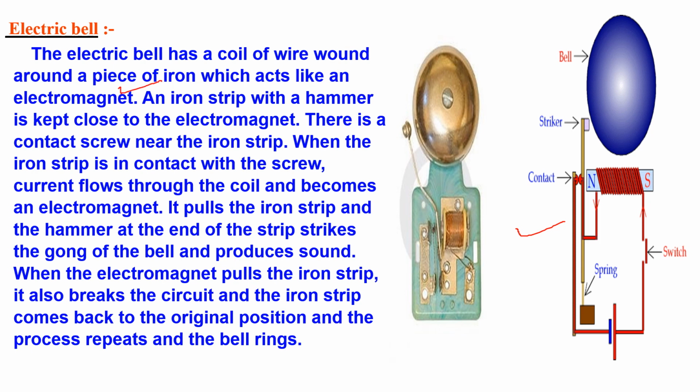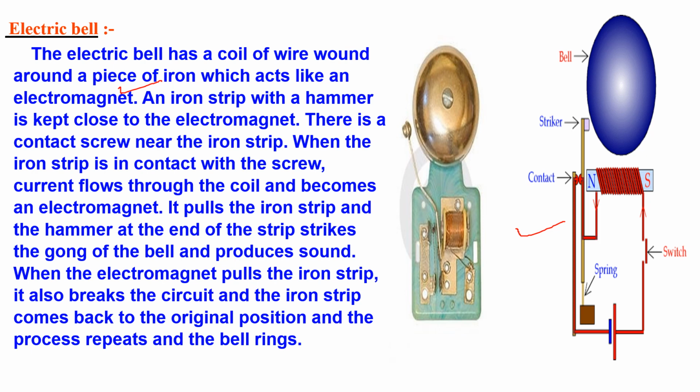We have done this previously. An iron strip with a hammer is kept close to the electromagnet. There is a contact screw near the iron strip. When the iron strip is in contact with the screw, current flows through the coil and it becomes an electromagnet.